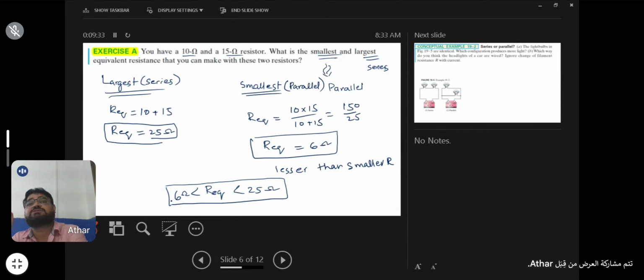I am not giving you series or parallel here. I'm just saying what might be the possible equivalent resistor. With these two, you can get from 6 to 25. Not more than 25 is possible, not less than 6 is possible. So this is what we can do with the equivalent resistances.